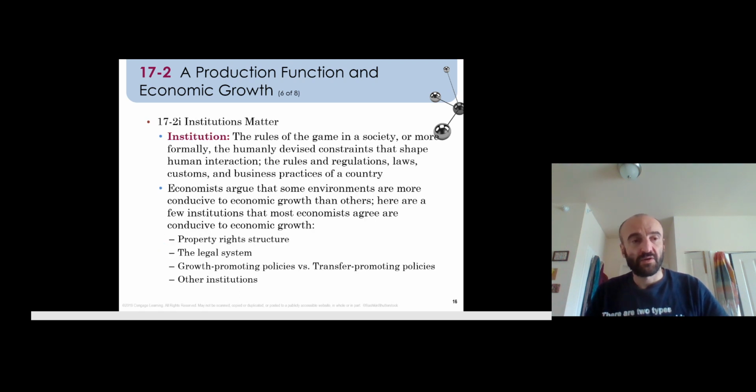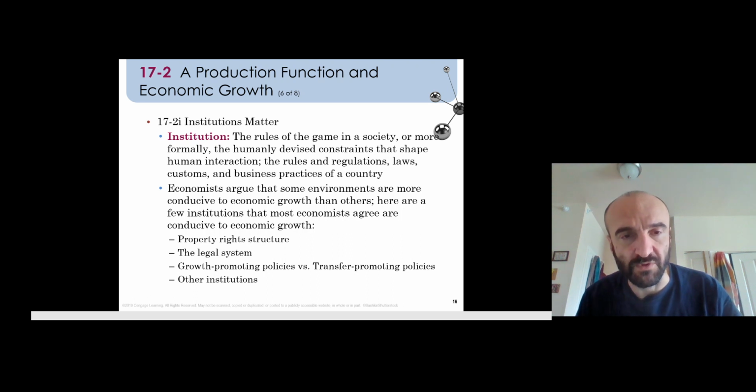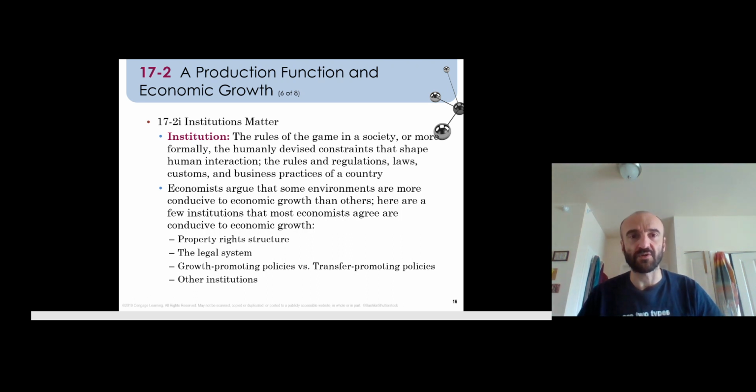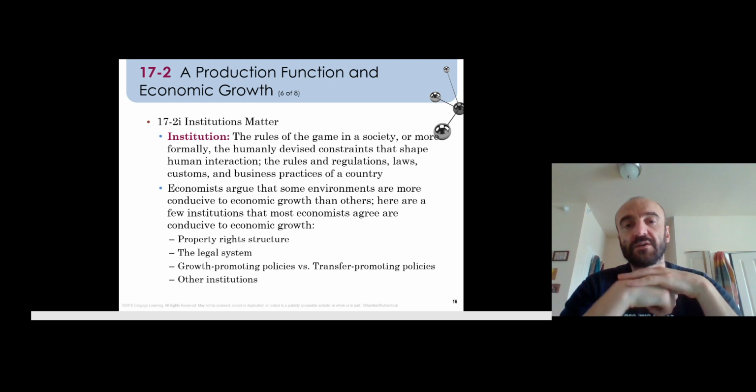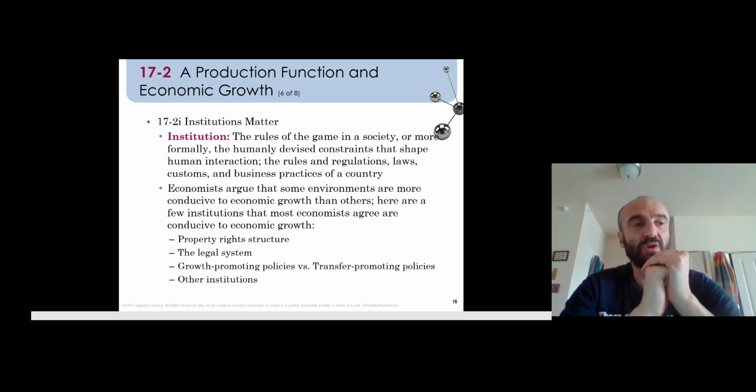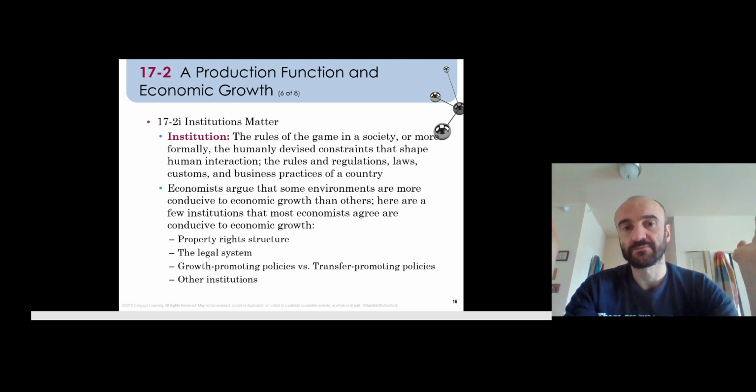Now, the third generation, which became crystal clear especially after the breakdown of communism in the 1980s and 1990s, was that there is something potentially even more important than knowledge and technology, and that's institutions. Institutions matter for the ability of an economy to grow in the long run.